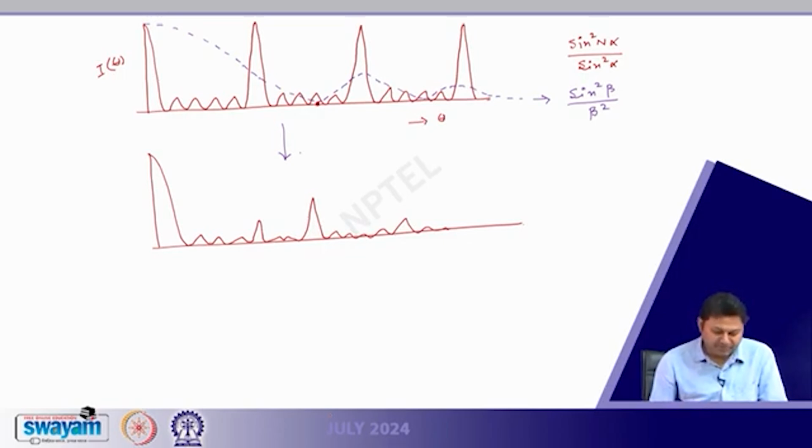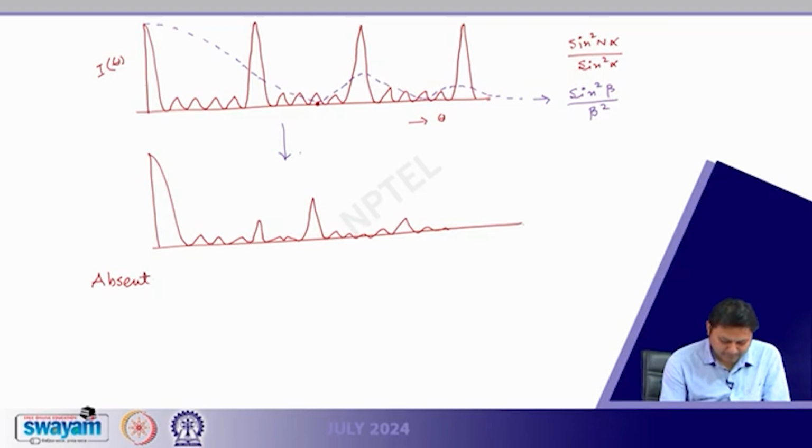So that means there is a possibility that we can have something called absent spectra or missing spectra, absent spectral line. What is absent spectra?